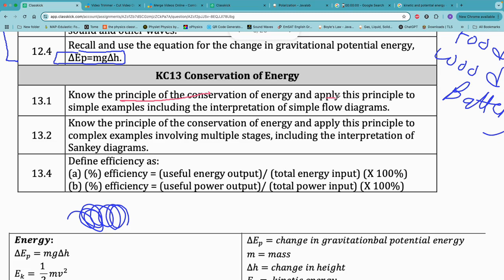Moreover, you need to use flow diagrams to show how energy can be transferred from one form to another form. Finally, use the idea of efficiency to calculate the useful power, the total energy input, or the overall efficiency, which is the percentage.